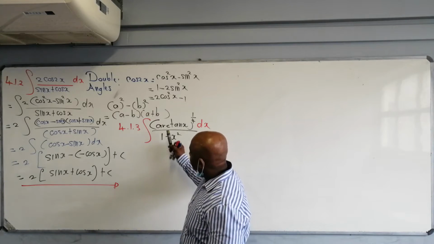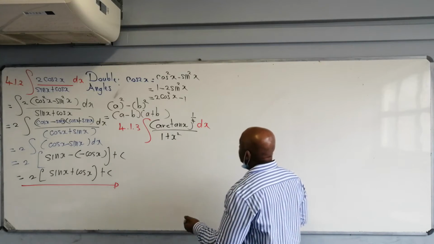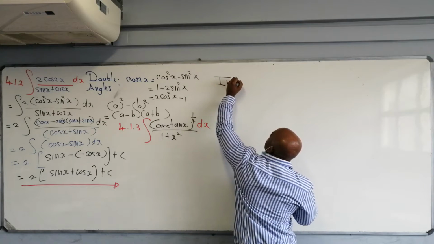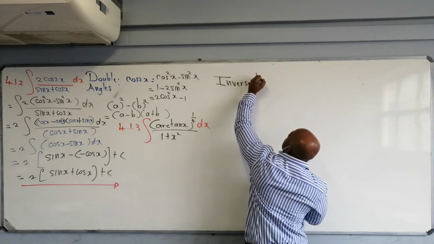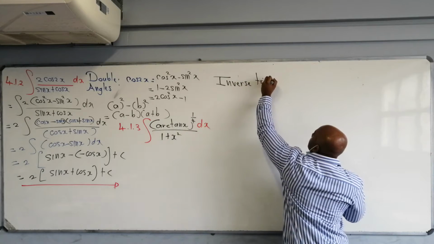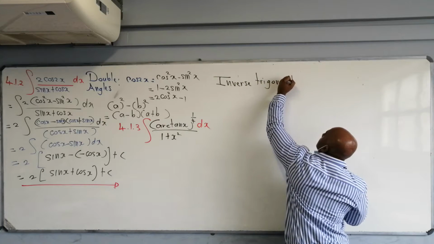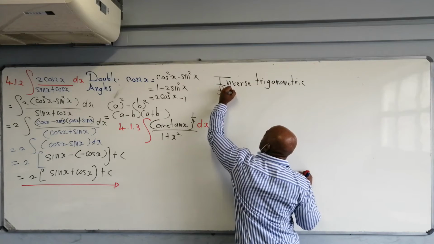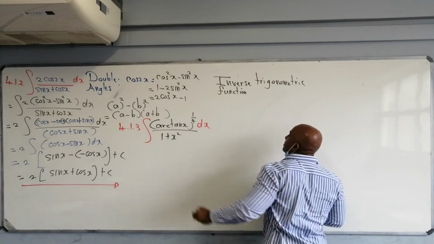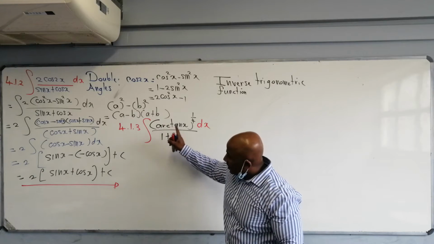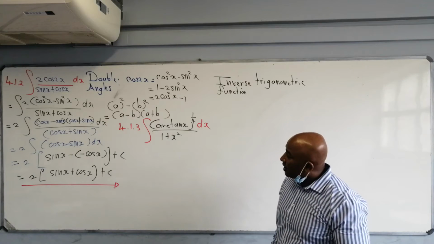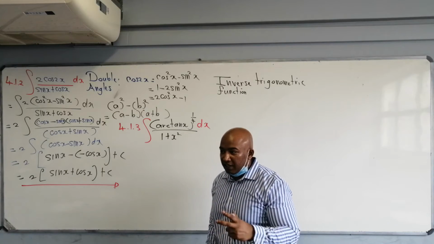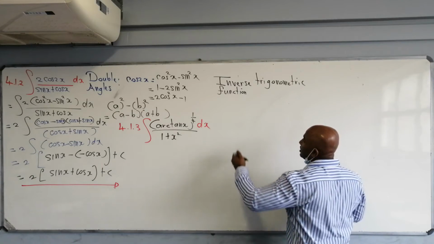So here we have arctan. This is inverse trig functions. So when you encounter an inverse trig function, you need to go to your table of derivatives and check now. What do I have here?